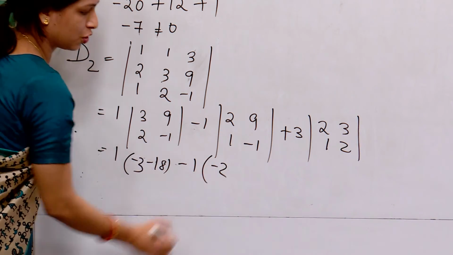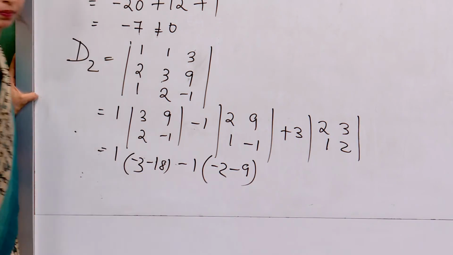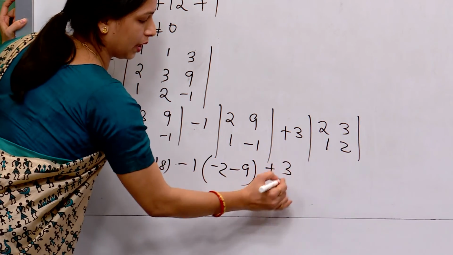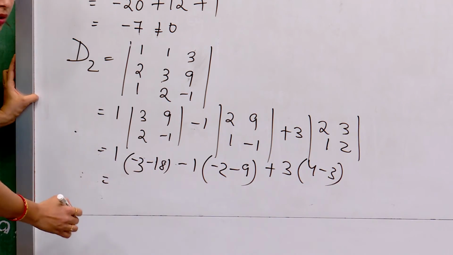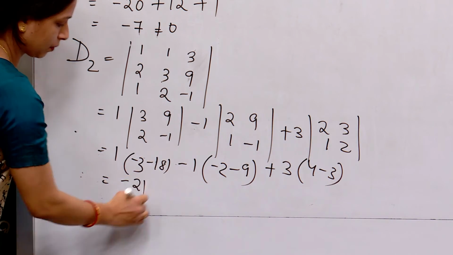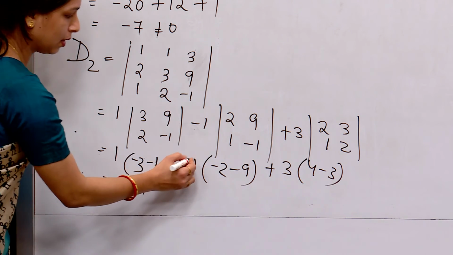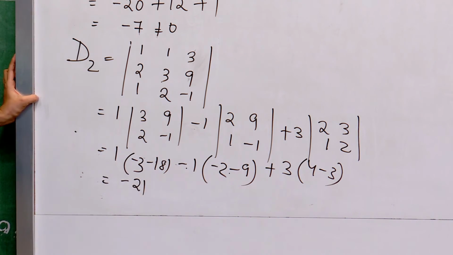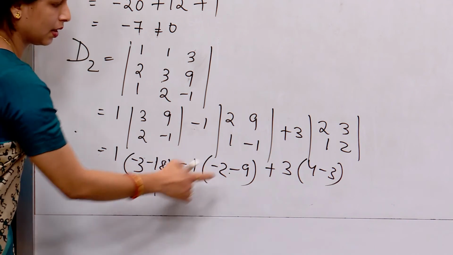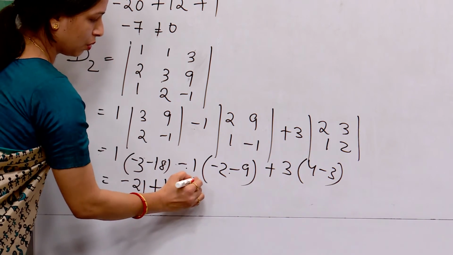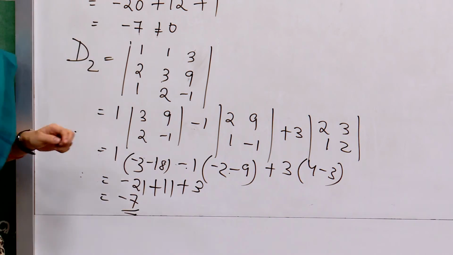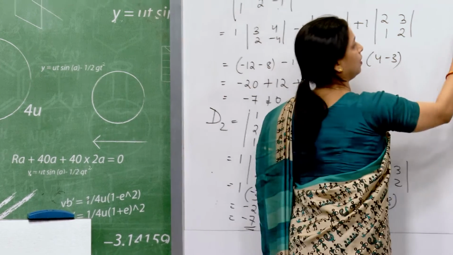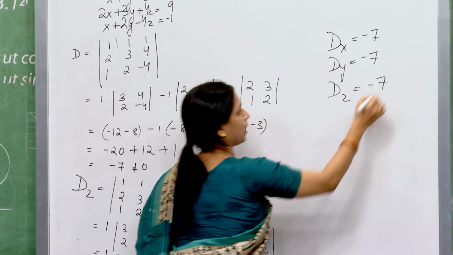So, here we will get minus 2 minus 9, here again we will get 3, 4 minus 3, right. So, the resultant again will be, so this is minus 21, this is minus into minus 11, so this will become plus 11 and this is 3 into 1, so 3. So, again the answer will be minus 7. So, again the value of dz will be minus 7.